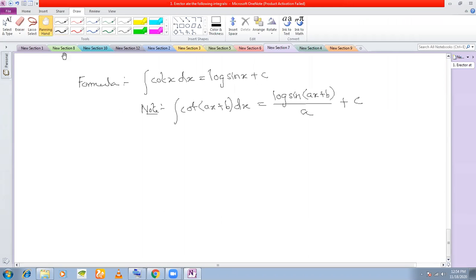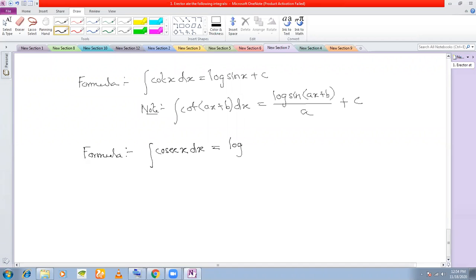Next formula that you need to remember here is integral of cosec x. Now this integral has two forms.